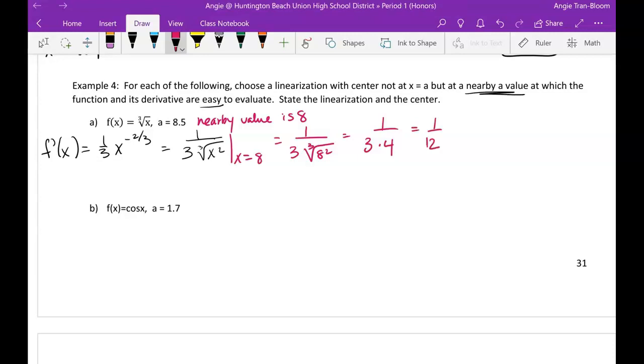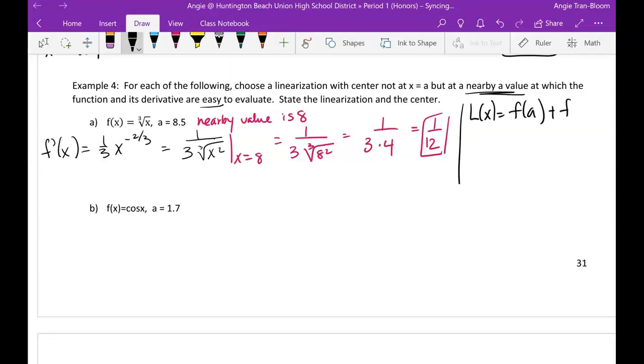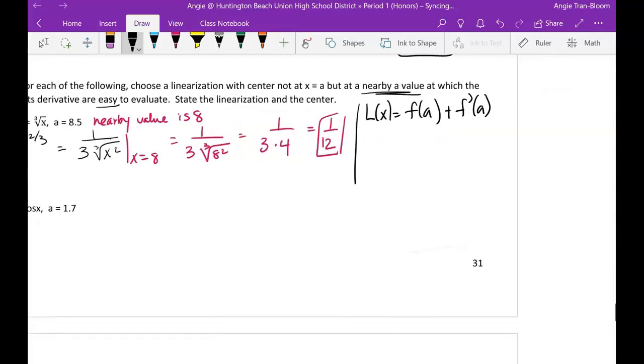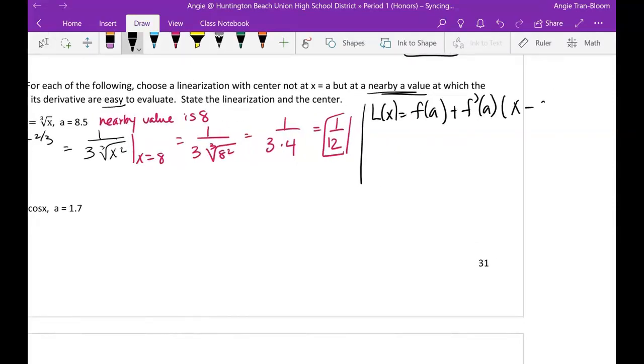So that's my nearby value. But it also says choose the linearization. So what that means is I need to use my linearization formula. L of x, remember this, equals f of a plus f prime of a times x minus a.